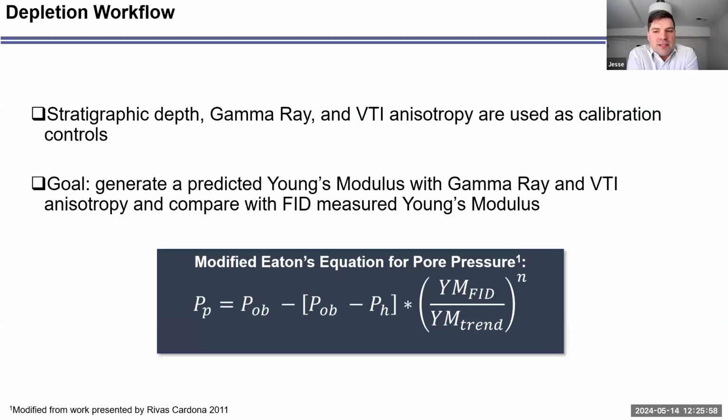Okay, so going past the base geomechanical properties that we can provide, we also can estimate depletion. So how we estimate depletion is we use the gamma ray and the VTI anisotropy to predict what the Young's modulus should be doing. And so the inherent assumption there is that gamma ray will not change with depletion, and also that the VTI anisotropy will not change with depletion.